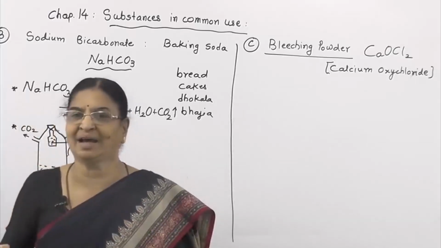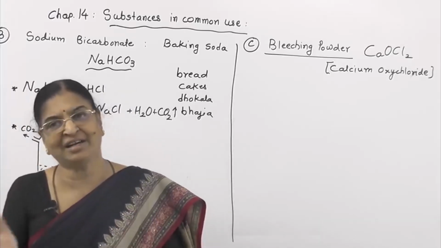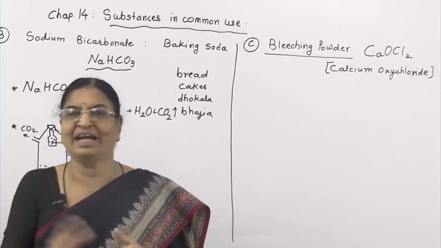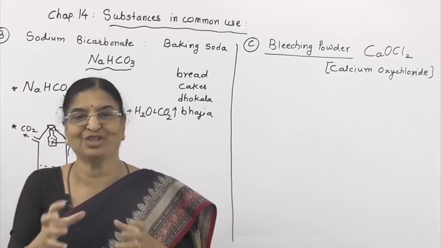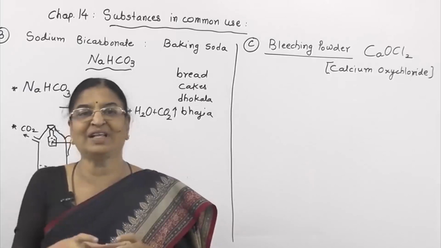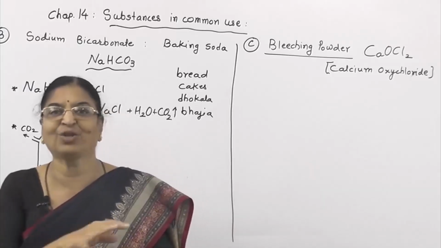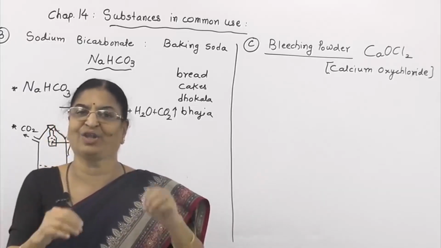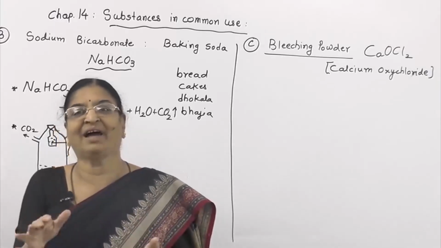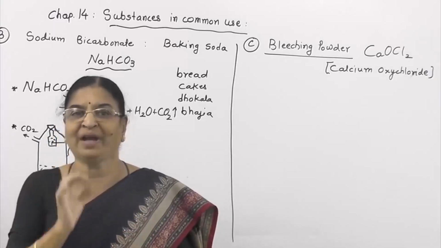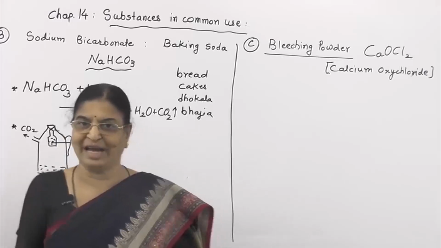It bleaches the color, that is, the color is gone and it has become white. If your whitish shirt is not white enough, then you will say bleach it so that all the dust particles on it or whatever different colors are on it will vanish and you will get a perfect white shirt.